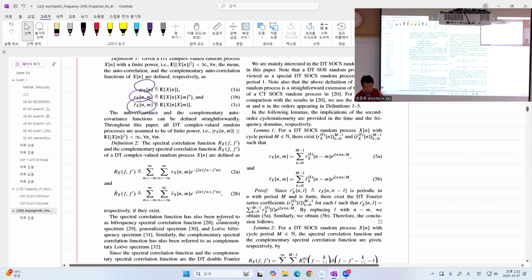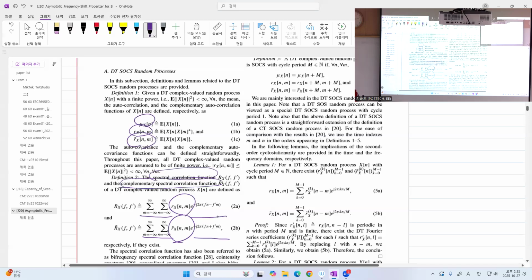And also we have the spectral correlation function and complementary spectral correlation function, which you may call bispectrum and complementary bispectrum, by applying discrete time Fourier transforms, symplectic Fourier transforms, to each autocorrelation and complementary autocorrelation function.